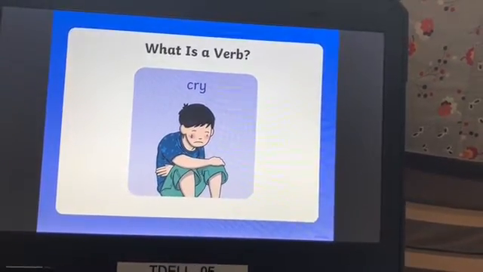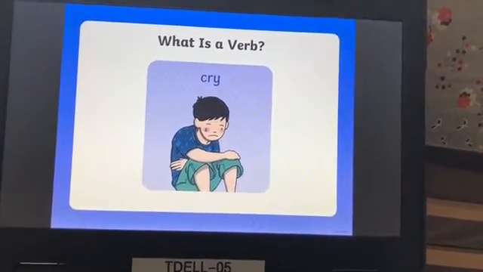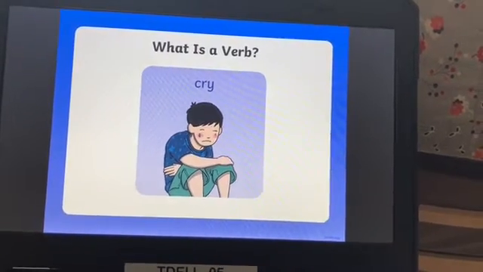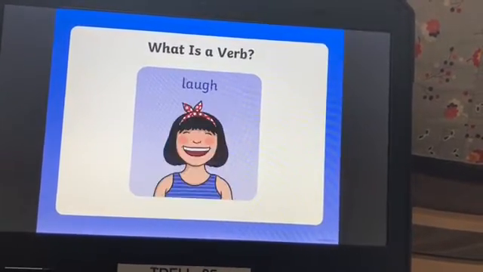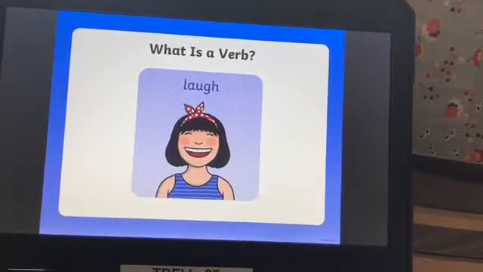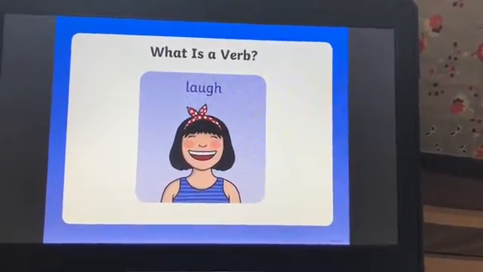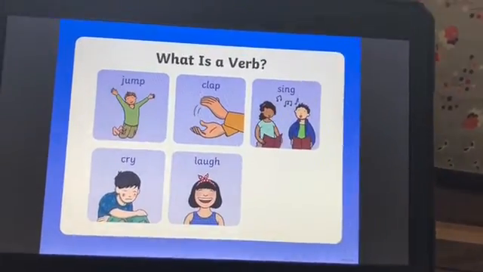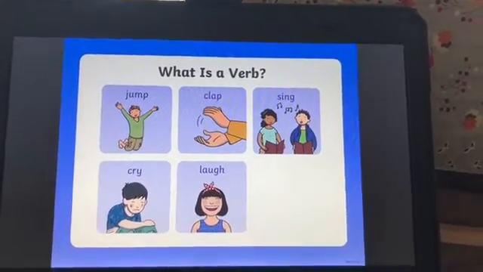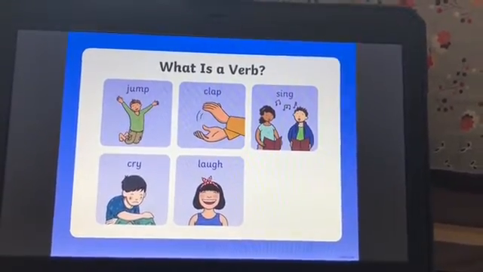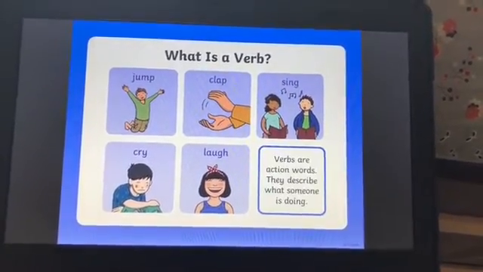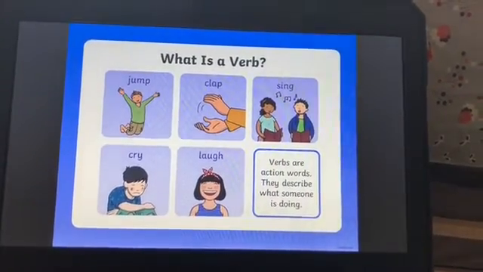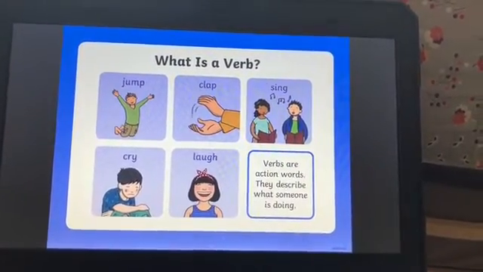This boy here is crying. So cry is a verb because that is something that he is doing. It is an action. Also laugh. This is also an action too. So what is a verb? We have jump, clap, sing, cry and laugh. Verbs are action words and they describe something somebody is doing.